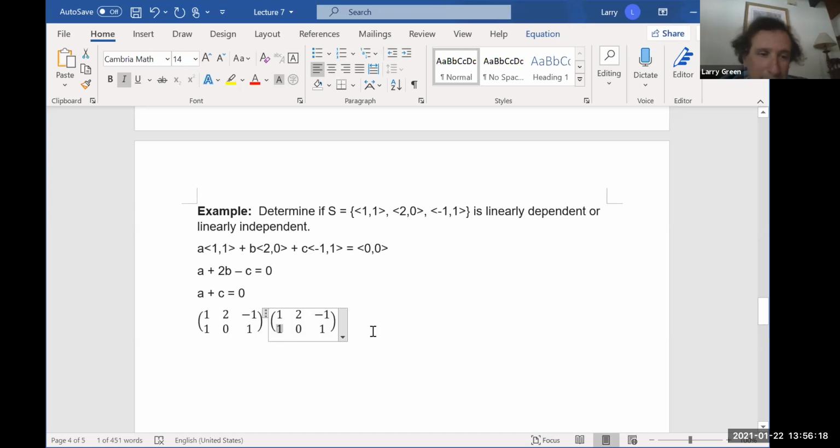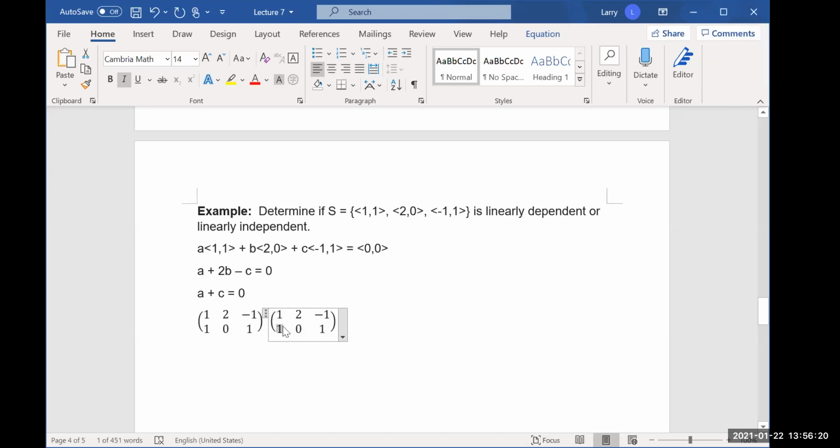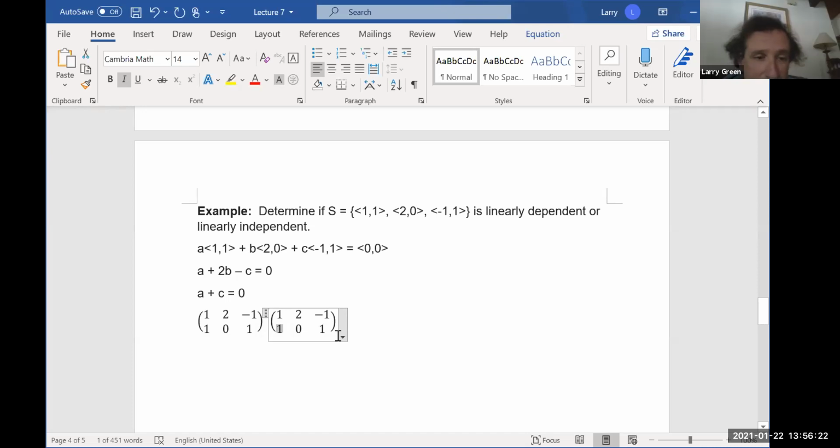So I'm going to take negative 1 times row 1 and turn it into row 2. And when I do that, that's a 0. Then the second guy is a negative 2. And the third is a 2. Any questions on that?